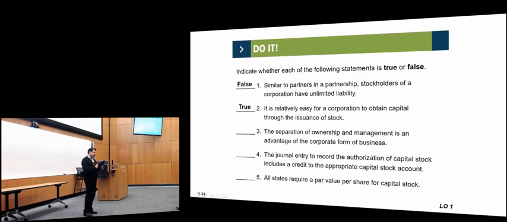The separation of ownership and management is an advantage of the corporate form of business. Because this is an advantage or a disadvantage? It's a disadvantage. The journal entry to record the authorization of capital stock includes a credit to the appropriate capital stock account.